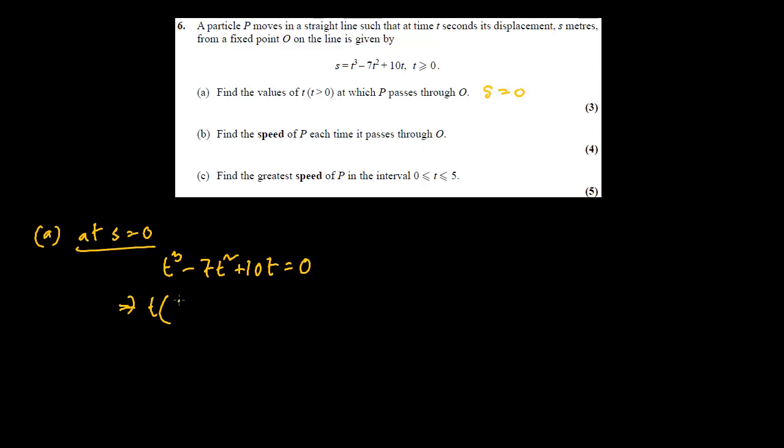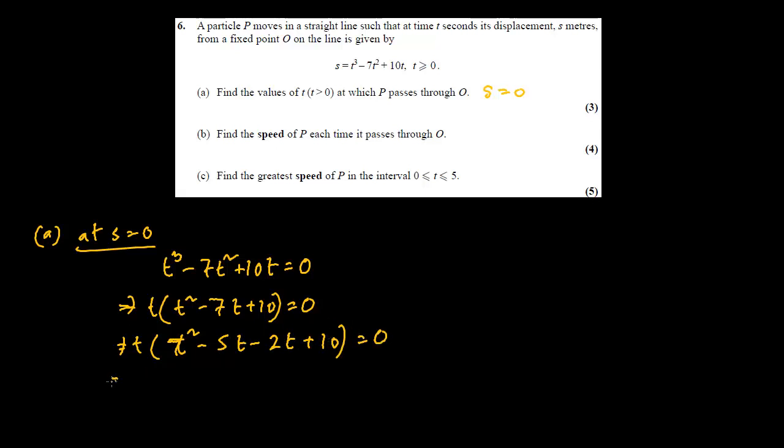If we take t common, it would be t squared minus 7t plus 10 equals 0. Now if we do middle term break here, 5 2s are 10. So that is t squared minus 5t minus 2t plus 10 equals 0. If we take t common, it would be t minus 5.